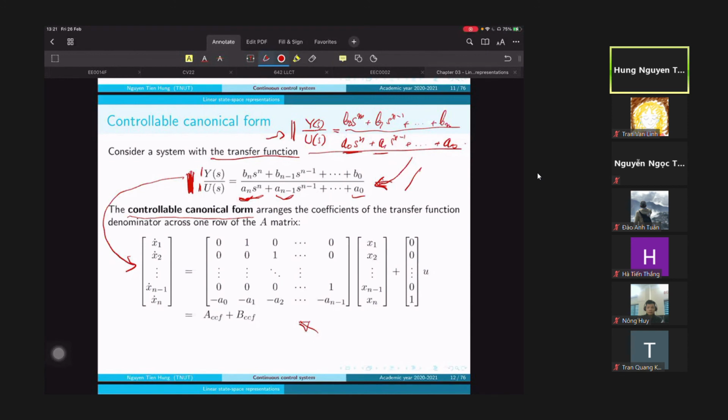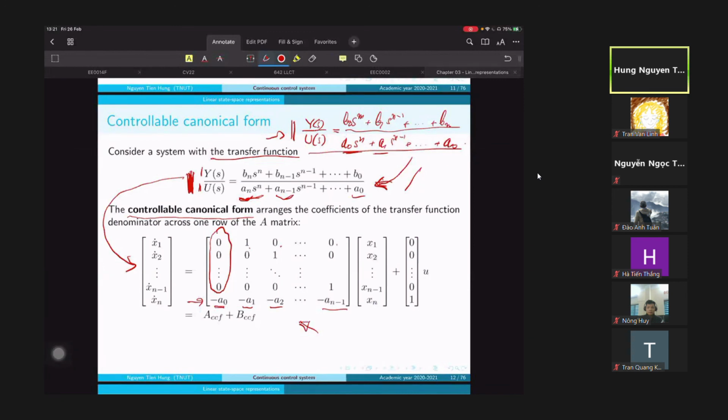We have 0, 1, 0, 0, and the first columns here, the last row, zeros, and then minus a naught, minus a1, minus a2, up to minus a n minus 1.